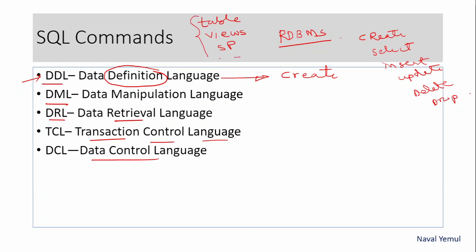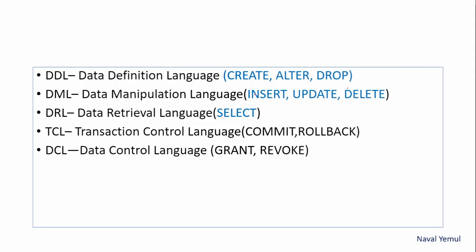If you want to create any of these, we first use data definition language. Then we use the commands create, alter, and drop. So in DDL, you get the commands create, alter, and drop, and you can just remember this.